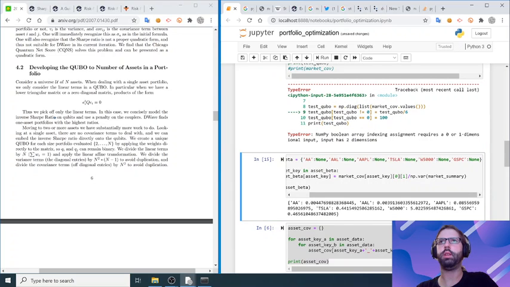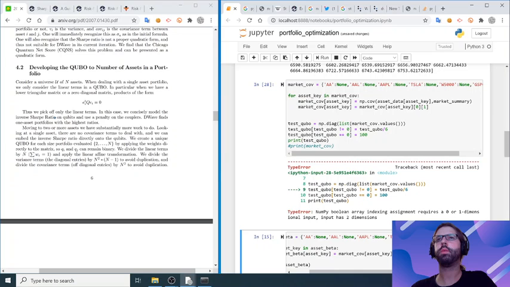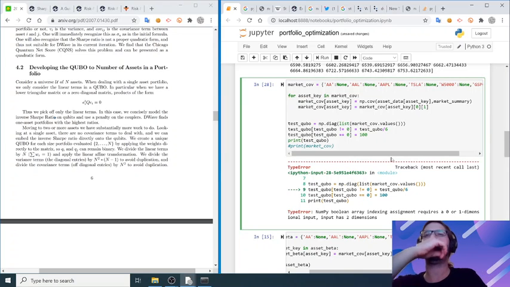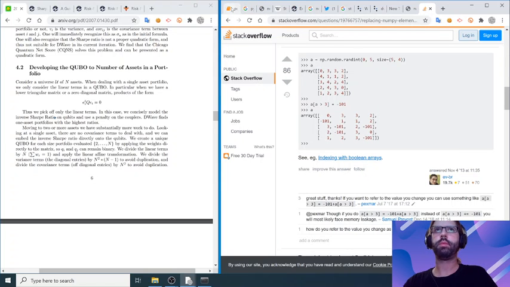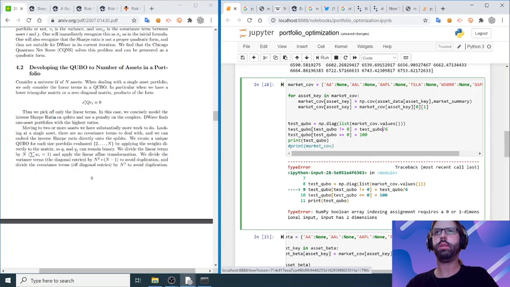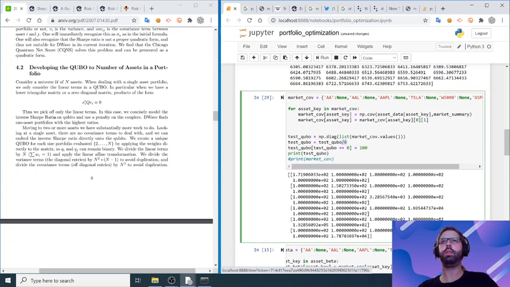So that divides. Oh, I cannot do that, I guess. Can I just divide the whole thing? I think I can probably divide the whole thing. Yeah, can divide the whole thing, okay. Because if the rest are zeros, I don't care.